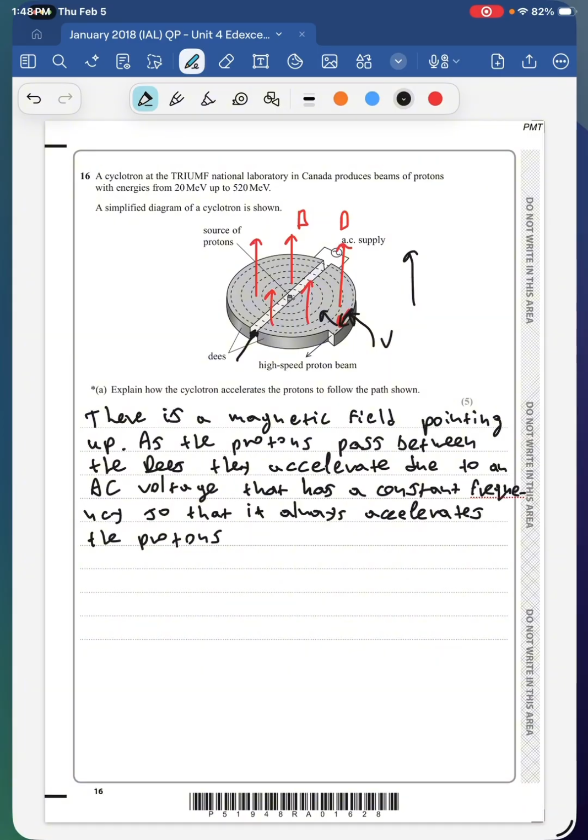When I say always, I mean the protons travel this way and then this way. In every direction, they encounter a negative polarity that accelerates them, so that it always accelerates the protons between the Ds.